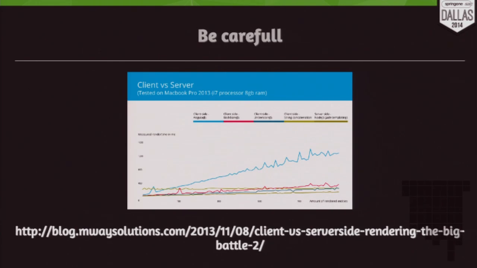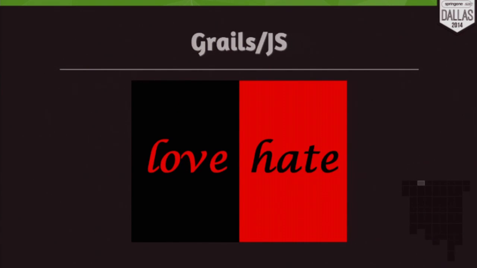And you can see that the server-side templating is at the bottom like the other one. I like this one because Angular goes up, so it's getting worse and worse, because Angular is not always the solution for everything.